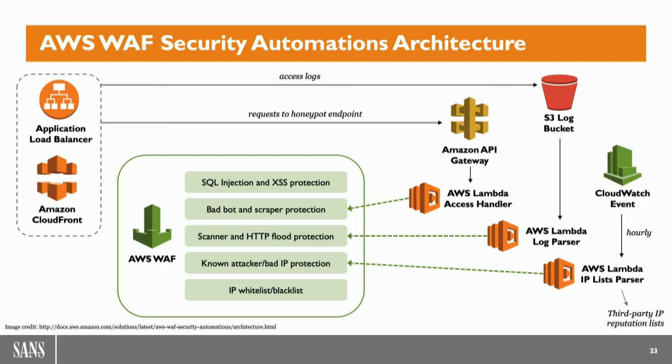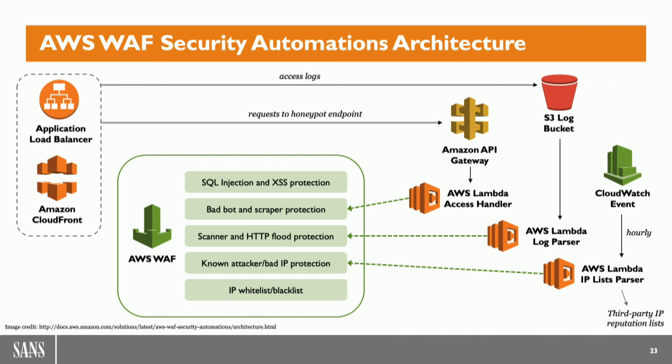On the far left-hand side, people on the internet are accessing your application via the application load balancer, via CloudFront. When they access your app, it results in some logs that get generated that are probably stored in S3. Well, when the WAF detects some potential bad stuff, it then kicks off some Lambda functions. These Lambda functions would run automatically, right?